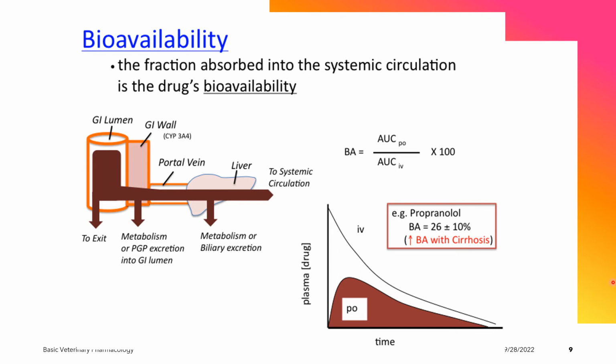Metabolism within the GI epithelium, that is under the first pass effect, is through cytochrome P450 3A4. Excretion back into the GI tract by P-glycoprotein in the GI epithelium, hepatic metabolism, or biliary excretion into the GI tract. So this reduction is collectively known as the first pass effect, reflecting the loss of the drug via its first pass through the GI tissues and the liver before it reaches the systemic circulation.